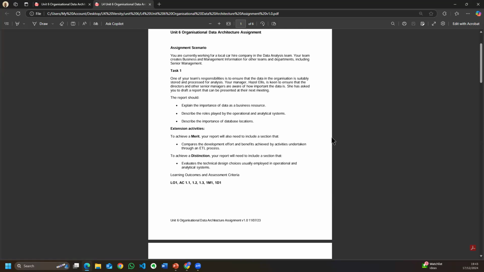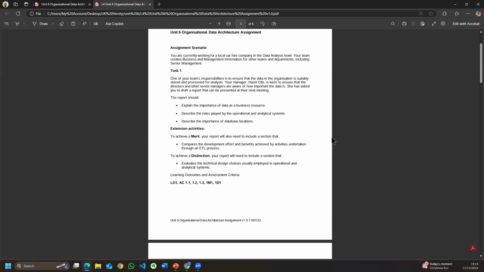Your manager is keen to ensure that the directors and other senior managers are aware of how important the data is. So she has asked you to draft a report that can be presented at the next meeting. The report should explain the importance of data as a business resource, describe the roles played by the operational and analytical systems, and describe the importance of database location.